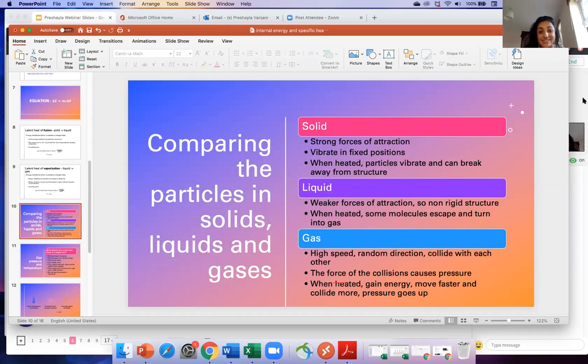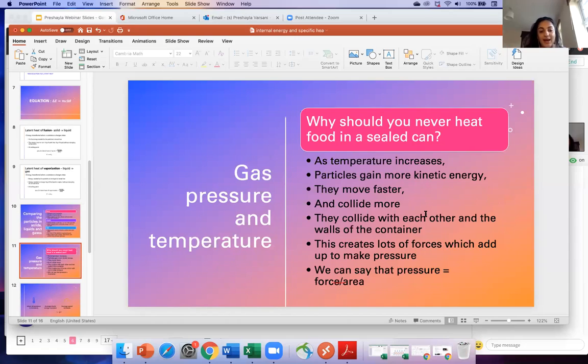When we heat a gas more and more, it gains energy, it moves faster, it collides more, and the pressure goes up. So you can see that pressure is directly related to temperature, which is what we're going to talk about next. So, gas pressure and temperature.